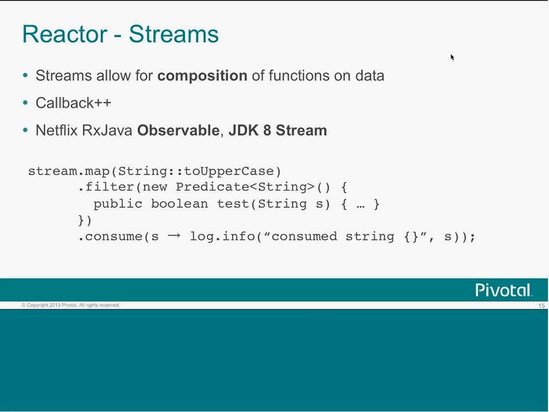So we could chain a bunch of these functions together if we wanted to. If we had a whole series of things that had to happen, we had to transform it from one form to the next, we could create a stream that initially took a long as an ID and returned an object. And then in the next map function, we could map that object to another object, or extract a piece of data, and then filter it, consume it, and do something with it.